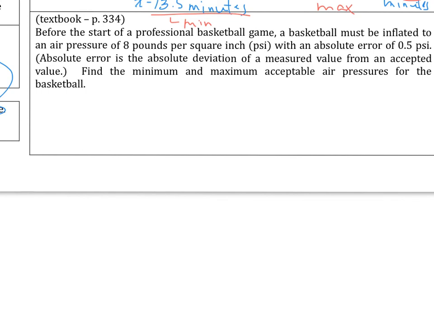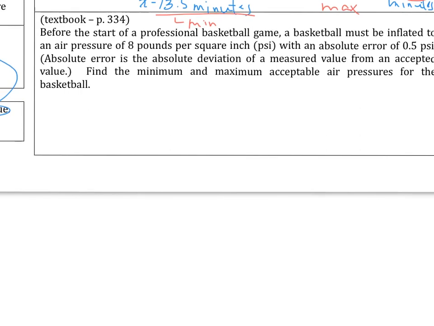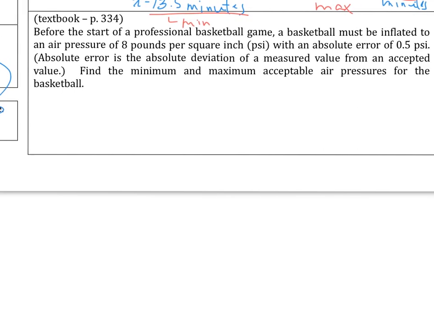Before the start of a professional basketball game, a basketball must be inflated, meaning you need to add air into it, to an air pressure of 8 pounds per square inch. So we could shorten that into PSI, with an absolute error of 0.5 PSI. Find the minimum and maximum acceptable air pressures for the basketball.